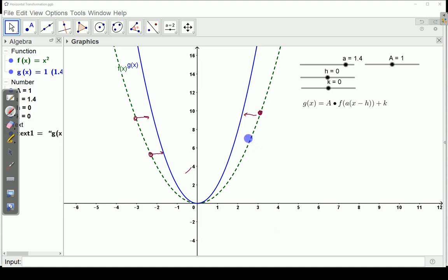But if we think about this vertically, it then becomes a stretch. So the point here was pulled up vertically to there. So a vertical stretch and a horizontal shrink look very similar. And if you're going to describe one way or the other, you either have to think vertically or horizontally, and just look at them whatever way you need to describe this.